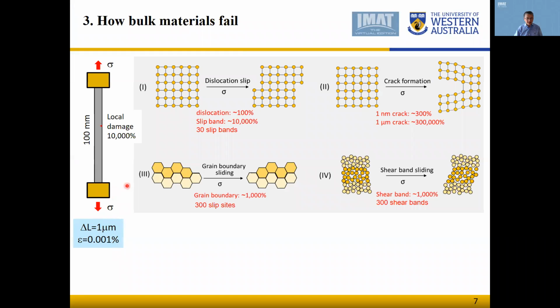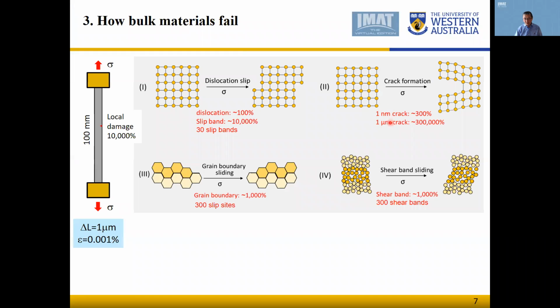And yet, for plastic deformation in the matrix, one dislocation represents 100% local strain. So for a slip band of 100 dislocations, that's 10,000% local strain. So to produce this 0.01% global elongation in this sample, we will need 30 such slip bands.